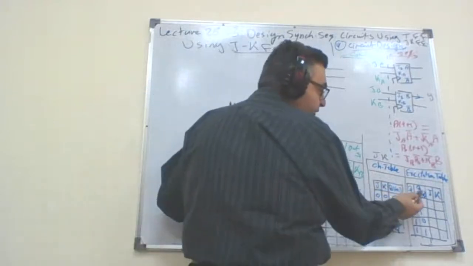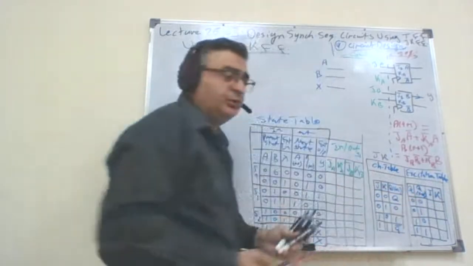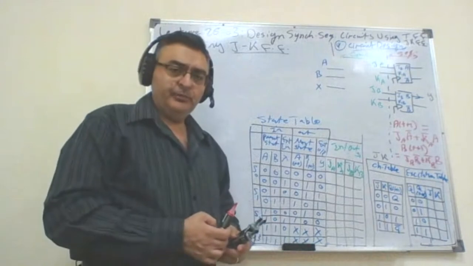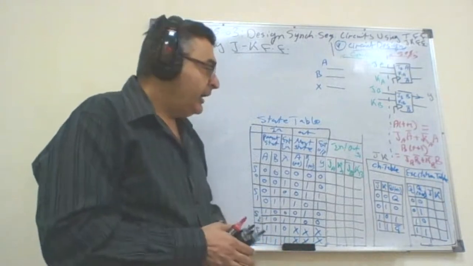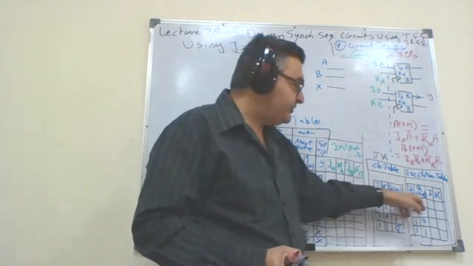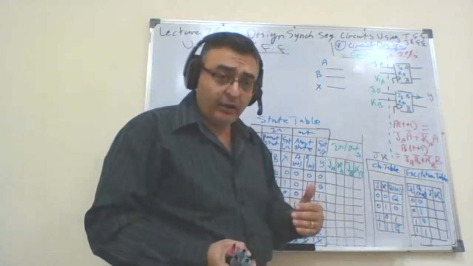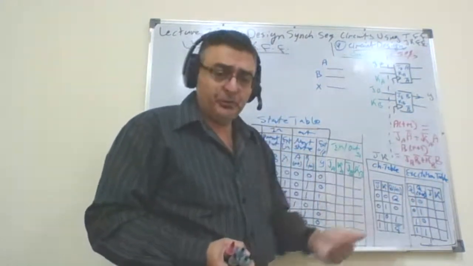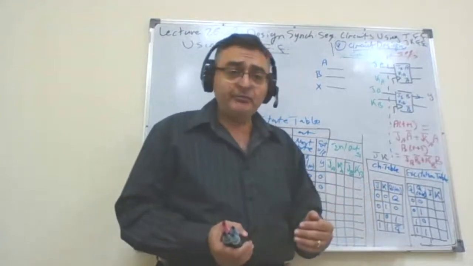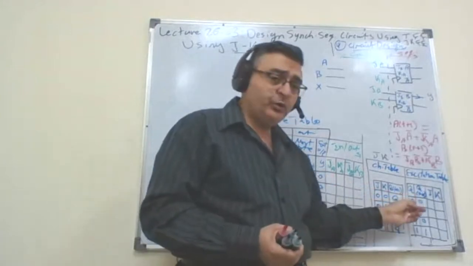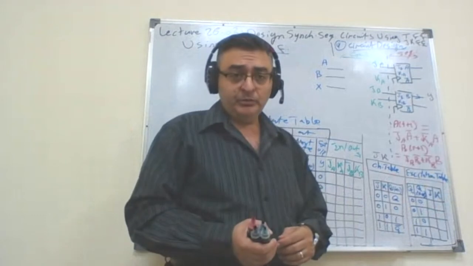I have here Q and the Q of T plus 1 both equal to zeros. Both equal to zeros. Agree? Now, how can I achieve this? What are the different inputs that I have to apply on J and K to have Q 0 and the Q of T plus 1 0? Okay?